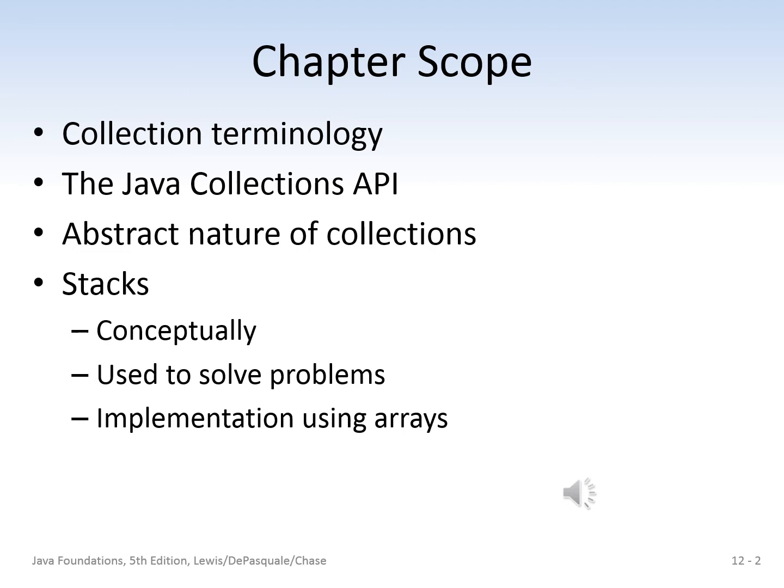And then we're going to drill down on a stack, which is an abstract data structure that follows a set of rules. We'll talk about it conceptually, how it's used to solve many different problems in computing, and we'll look at an implementation of a stack using arrays.